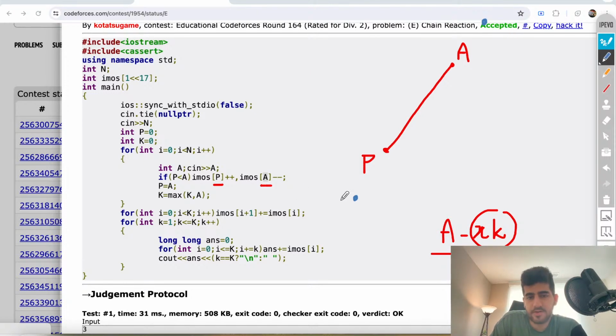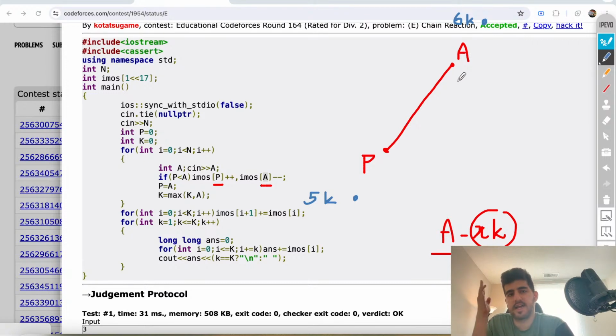I'm saying that if, for example, this is 5 times k and this is 6 times k, and these two are between 5 times k and 6 times k, then these two monsters die together, exactly at the same time. Do you agree with this?